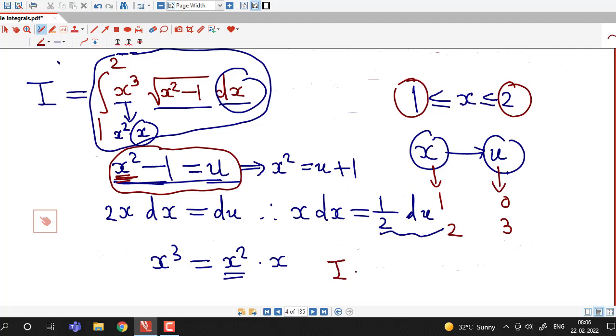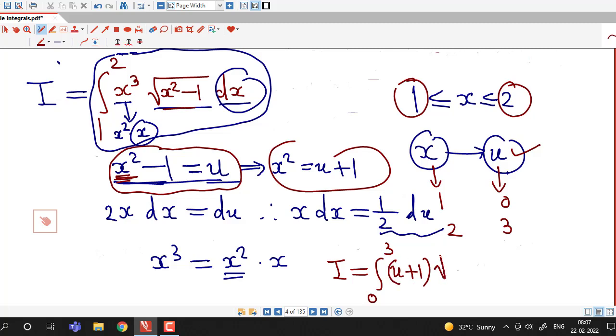So finally our integral will be transformed into the new variable u, whose limits are from 0 to 3. This x cube is written as x square into x dx. X square is written as u plus 1, the square root of x square minus 1 is the square root of u, and x dx will be replaced by 1/2 into du.